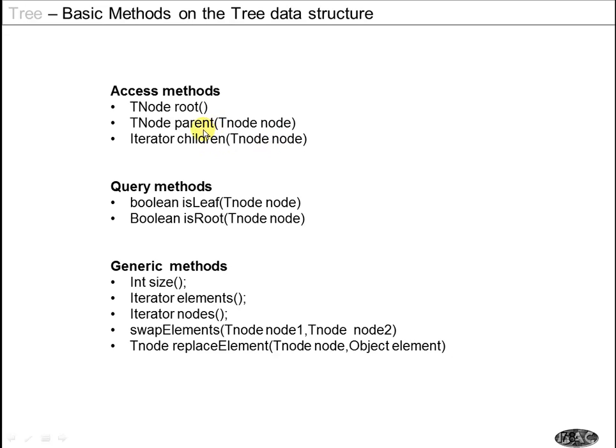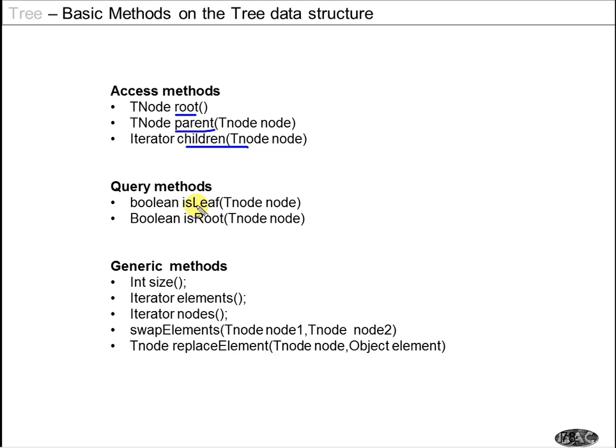If you give a node, the parent method will find who is the parent of this node. This is an iterator because a parent can have multiple children. At least in binary, there can be two children, so it will give you an iterator to those two nodes.